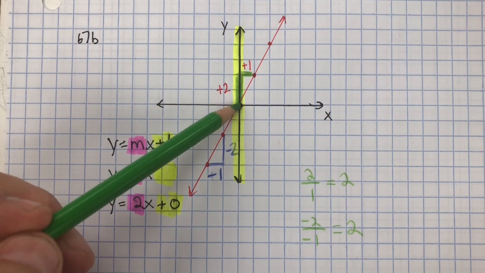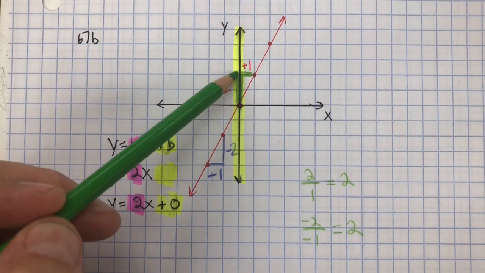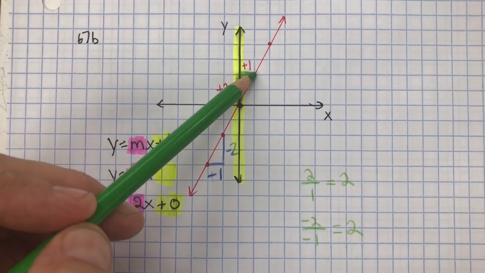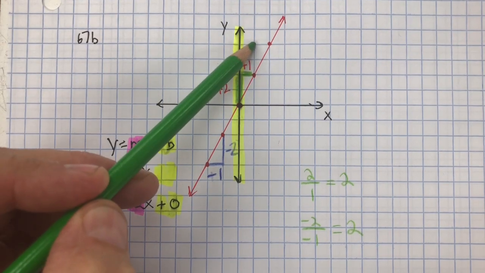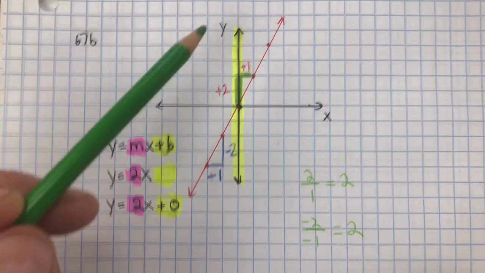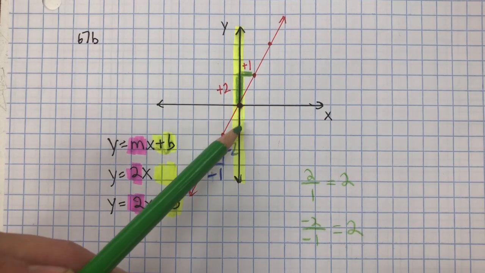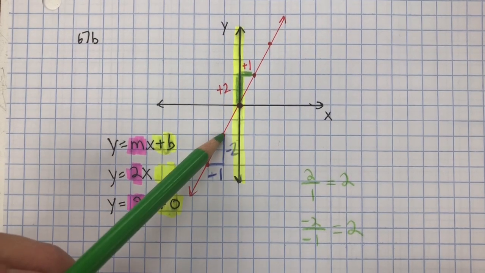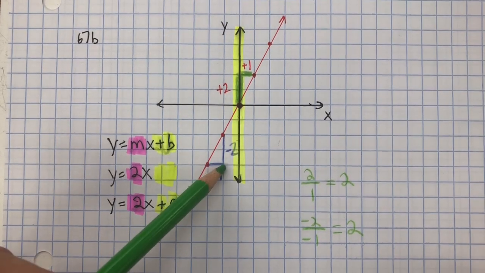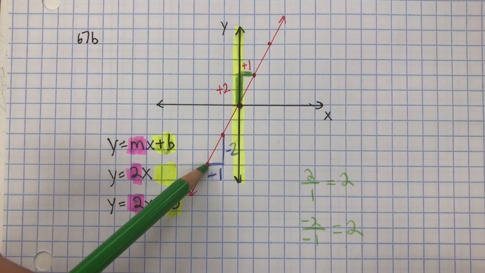So starting at my y-intercept, positive 2 on the y, positive 1 on the x, repeating. Or I could do negative 2 on the y over negative 1 on the x.